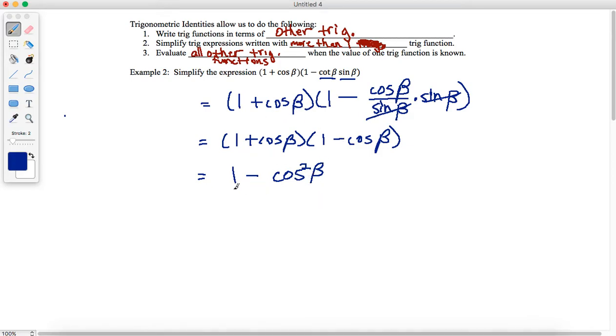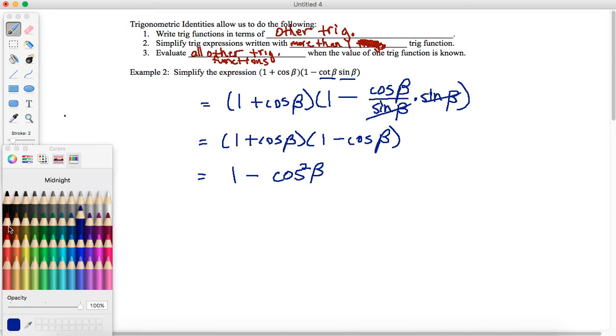And then I can think about my Pythagorean identity. Now this is something that you will want to get used to. For instance, sine squared of theta plus cosine squared of theta, I know that equals 1. Now, if you note here, this is written as 1 minus cosine squared of beta.